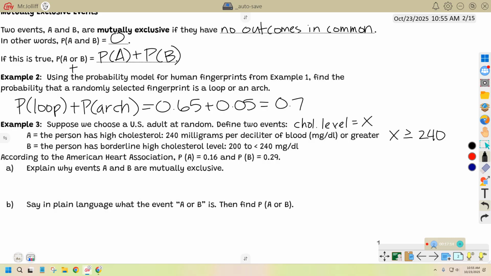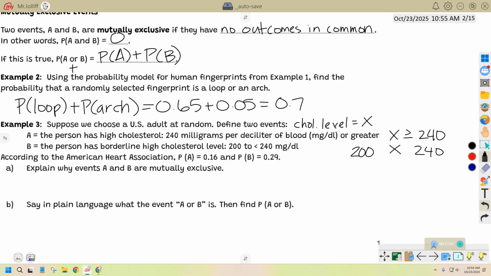B says the person has borderline high cholesterol, 200 to less than 240. So between two numbers, I know I have an X, I have a 200, I have a 240. Symbol between 200 and X. Is it a less than or a less than or equal to?